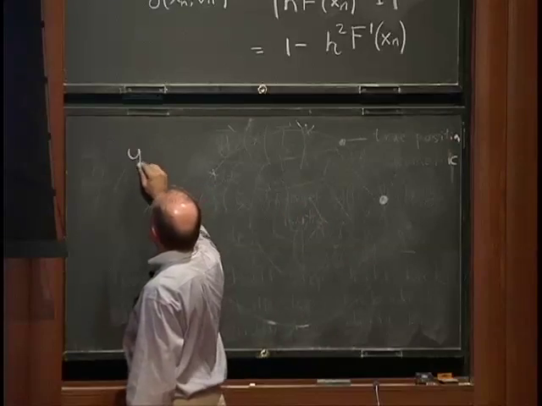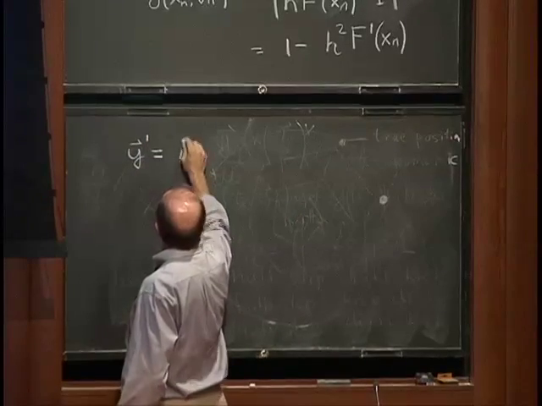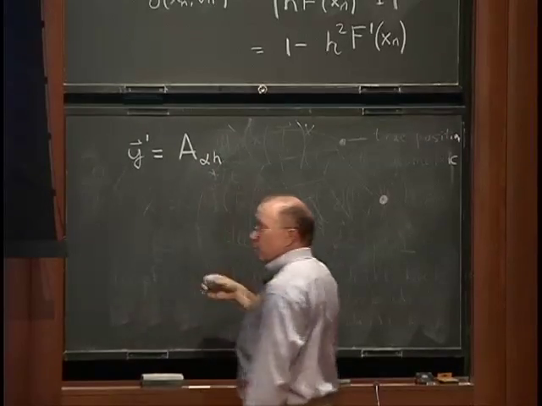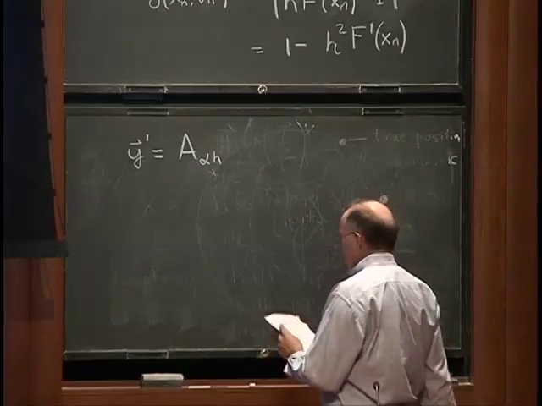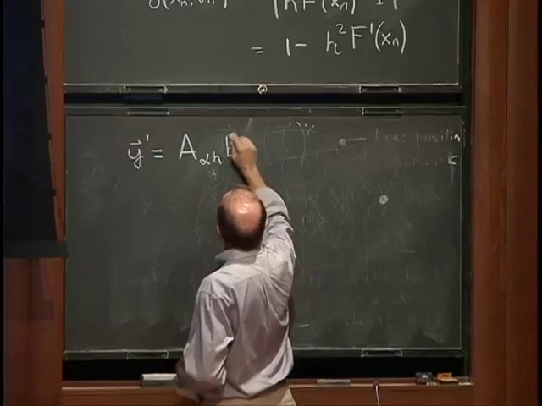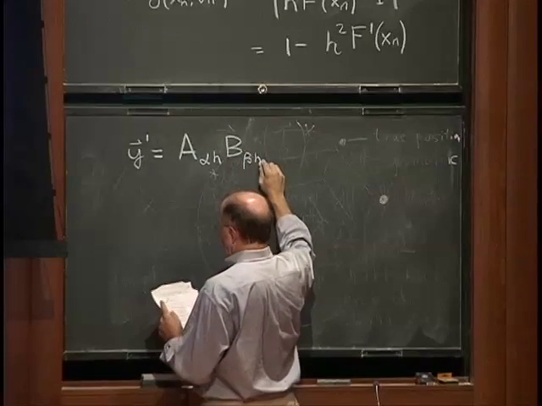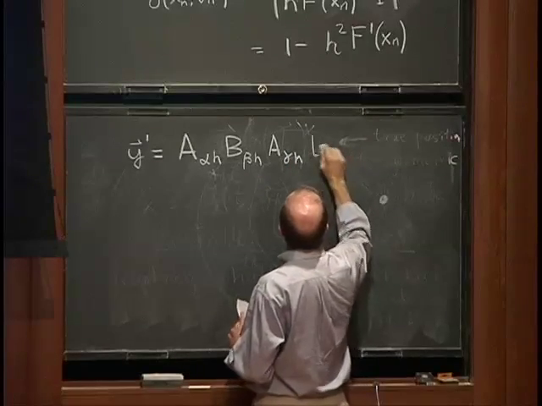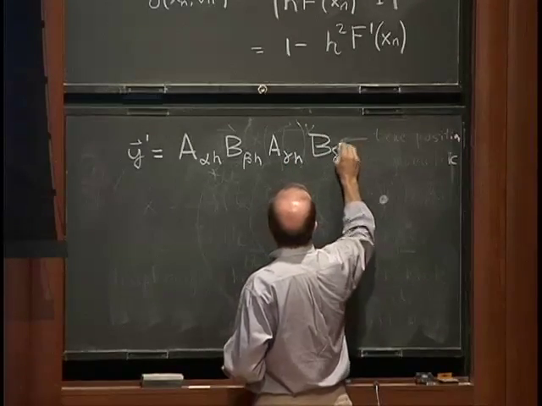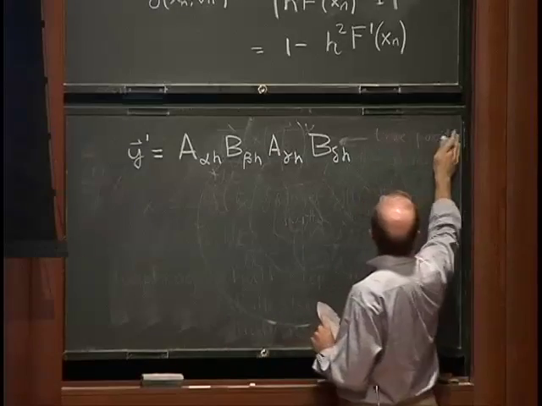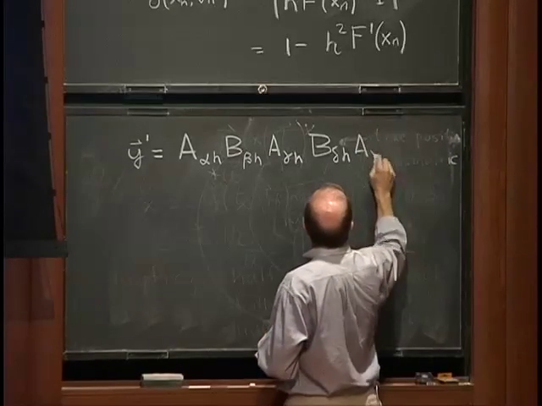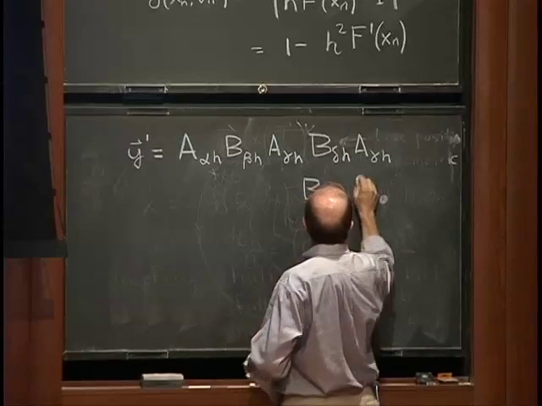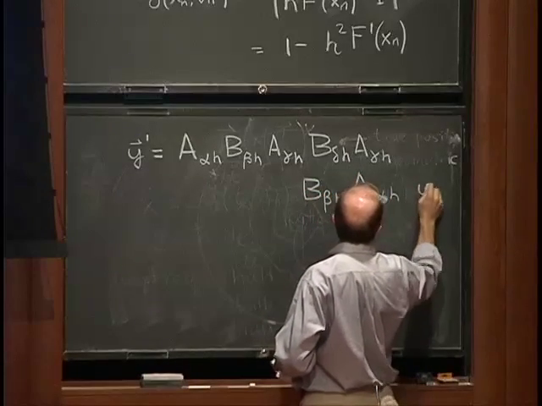I'm going to say y prime is equal to A alpha h, where alpha is some dimensionless number, B beta h, A gamma h, B delta h. I'm running out of space, but A gamma h, B beta h, A alpha h times y.